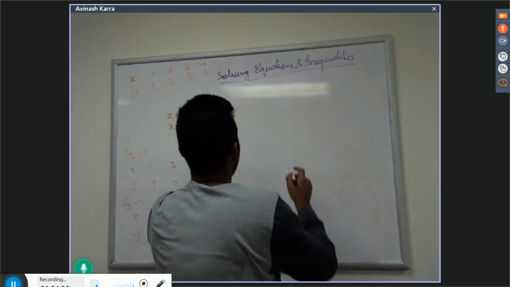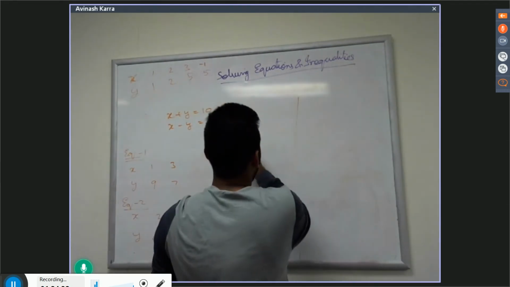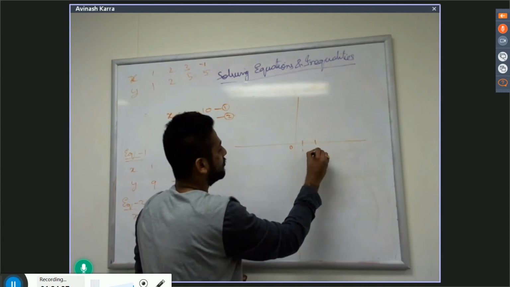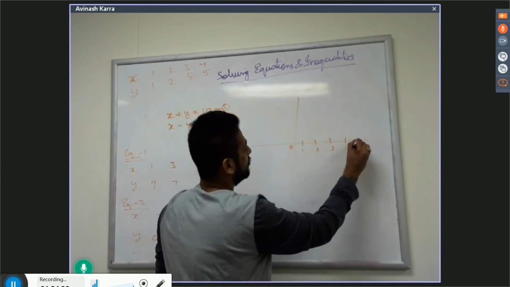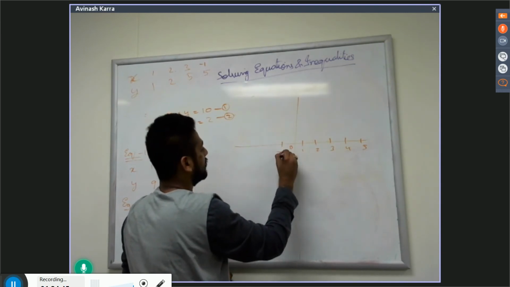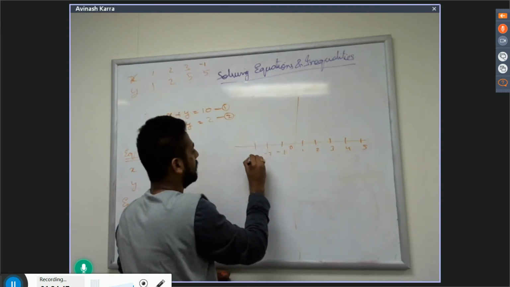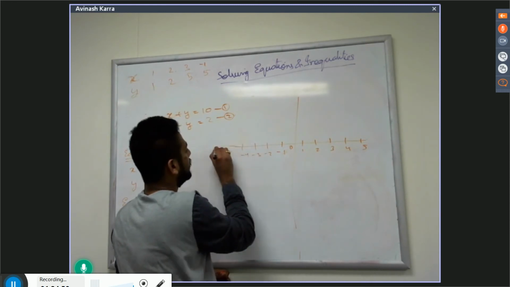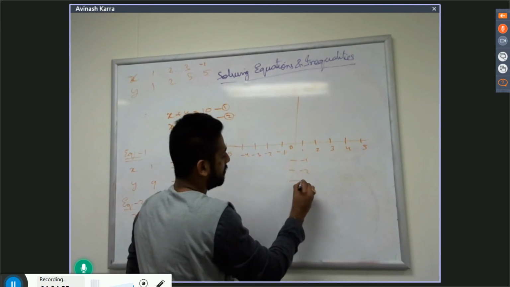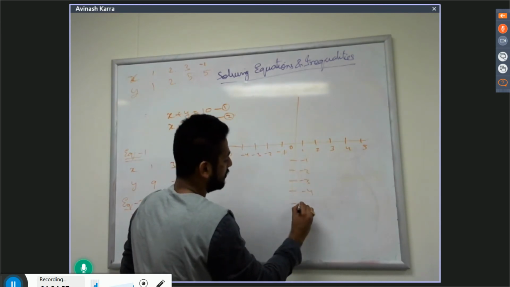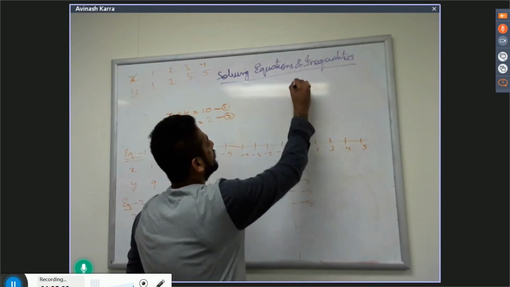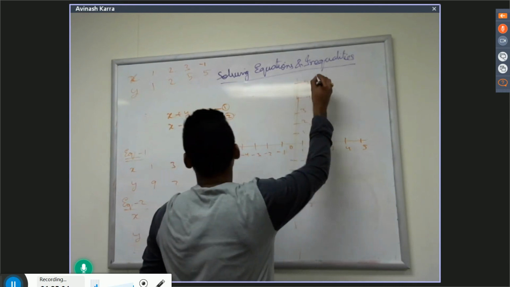Okay, if I draw these 2 lines, 1, 2, 3, 4, 5, minus 1, minus 2, minus 3, minus 4, minus 5, and so on on the other axis as well.